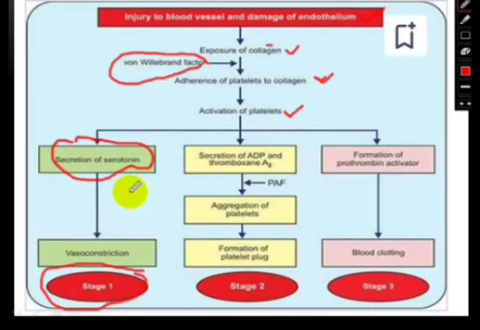I told you there are platelet activators and platelet inhibitors, vasoconstrictor metabolites and vasodilator metabolites.